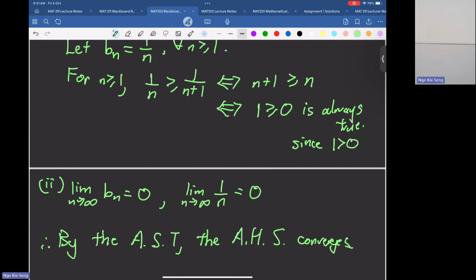For sure, I know you want to use AST, but sometimes it appears out of nowhere, A dot S dot T dot. Then what do you expect me to know about that thing? So if you, for example, already do some checking on this AST condition, then if you use AST, I can easily get what you want to do. Okay or not?